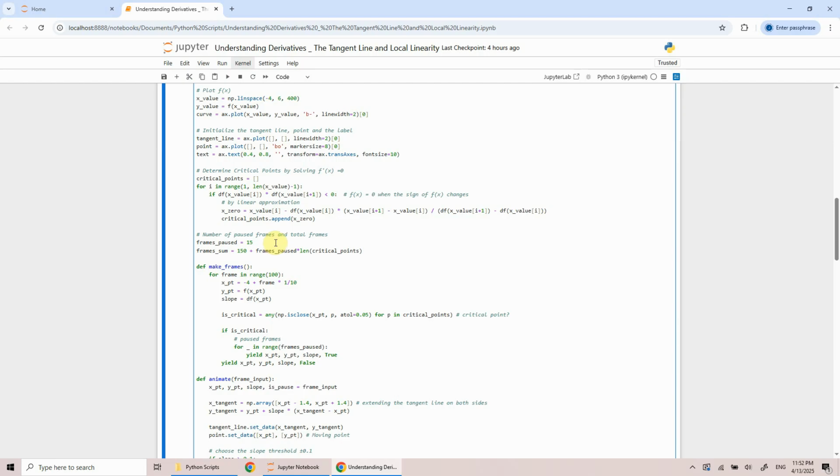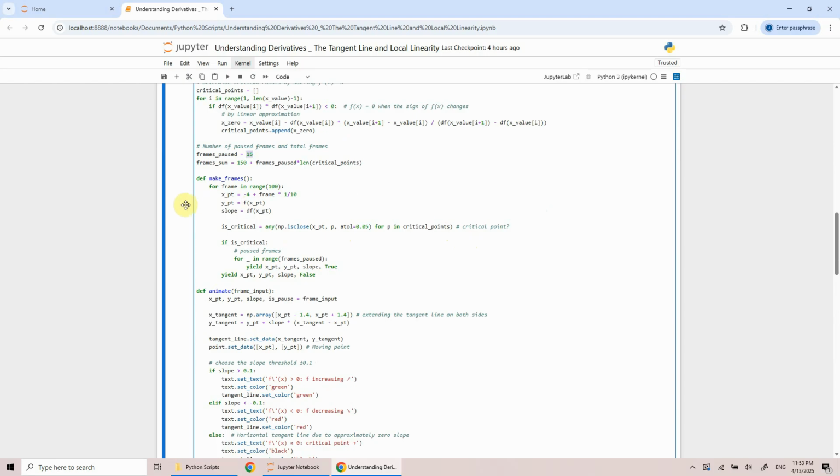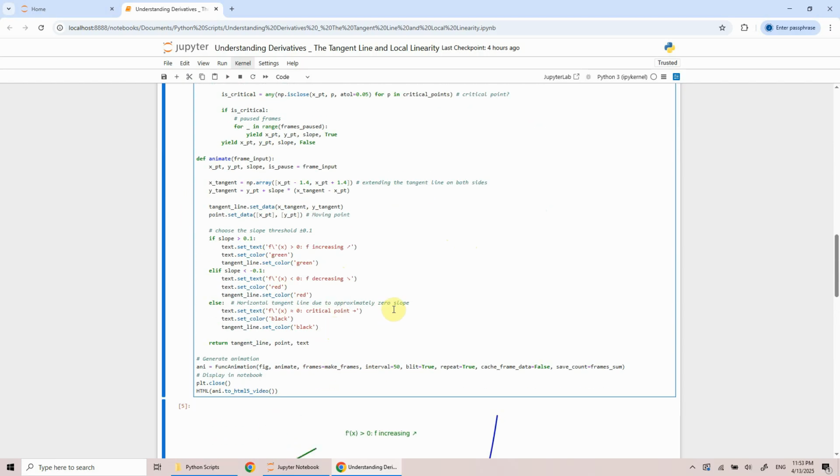The functions plot pause and time sleep don't work in a Notebook. So we just set up how many pause frames we want. And the function of generating the frames and animation.